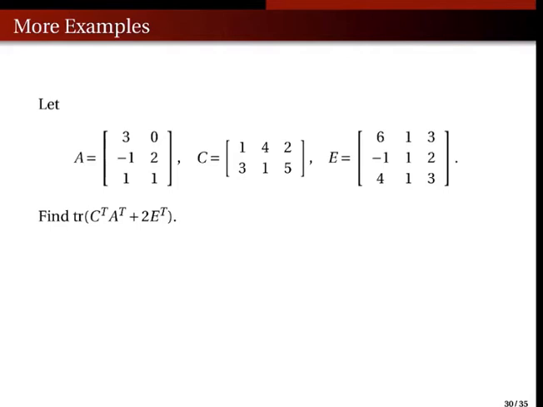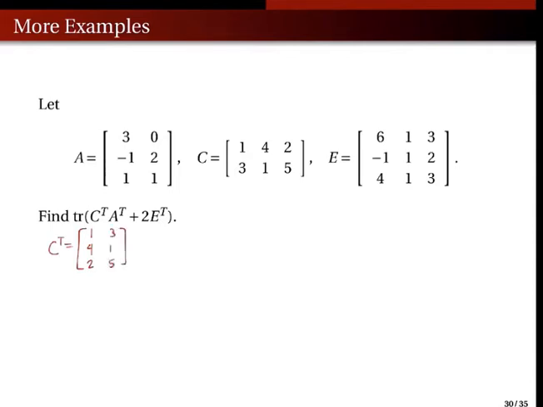Let us do this step by step. First, C transpose. Rows become columns. So you have 1, 4, 2, and then you have 3, 1, 5 on the second column.